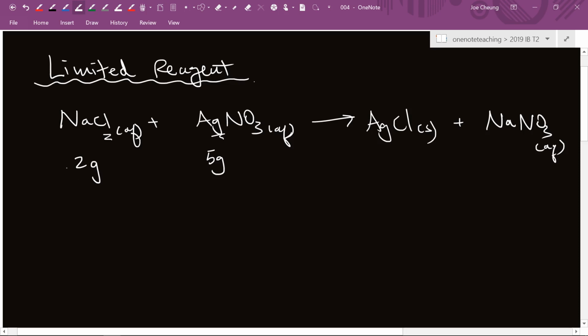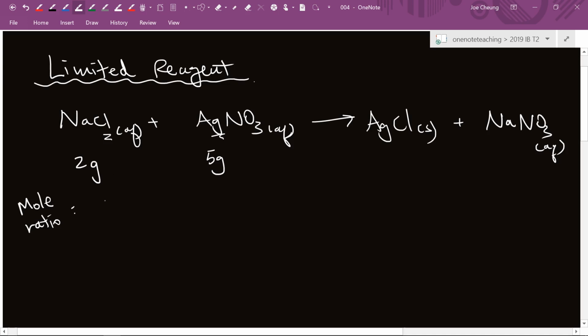Then we need to find a way to actually say which one is limiting and which one is in excess. That's where stoichiometry comes in. For the very first step, we always look at our mole ratios. The mole ratio basically means looking at the coefficients of each reactant first.